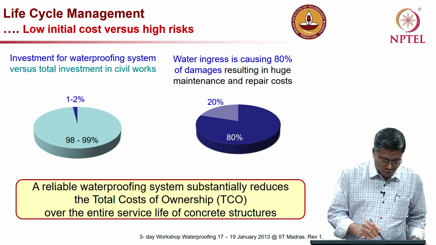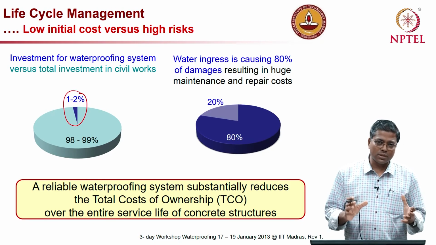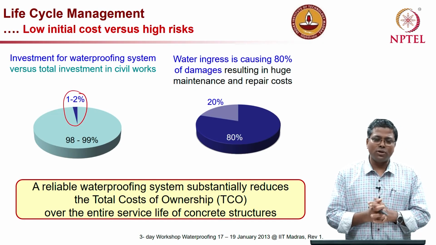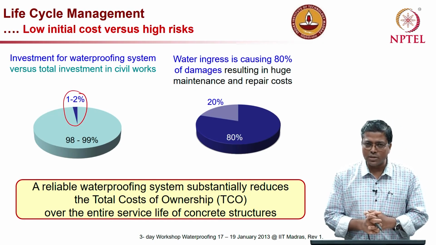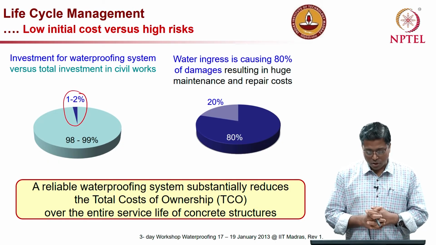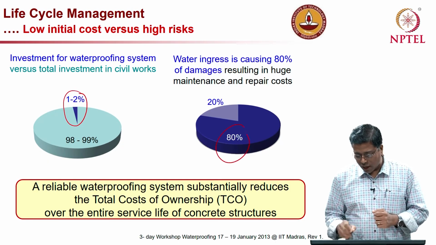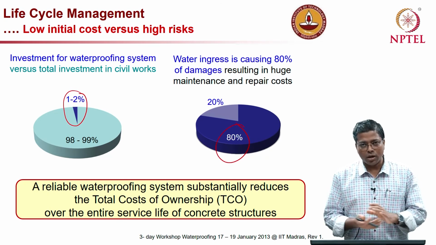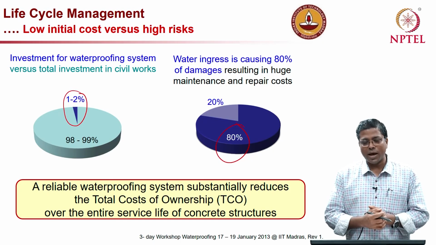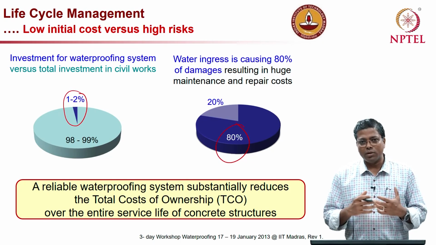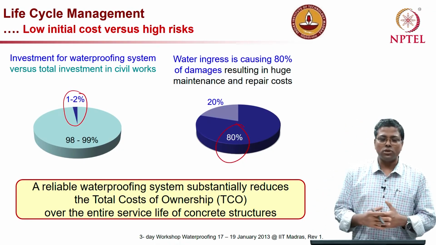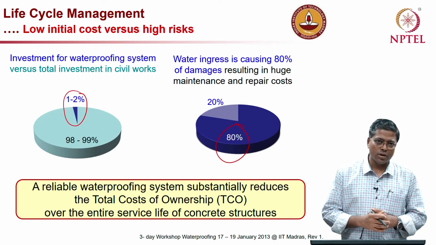But that is not really true, because typically if you look at the project cost as such, the systems and materials used for waterproofing might cost you only about 1 to 2% of the total project cost, but it can save you 80% of the money which you will otherwise spend in managing the water, or in preventing corrosion, etc., which will happen because of poor waterproofing systems.